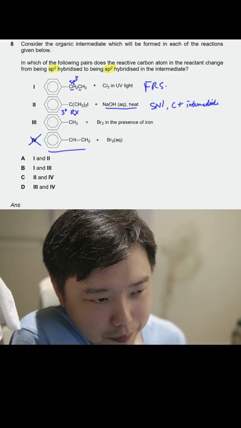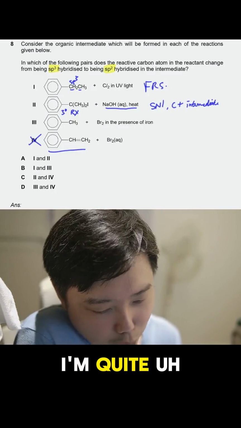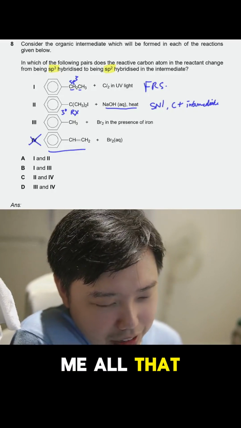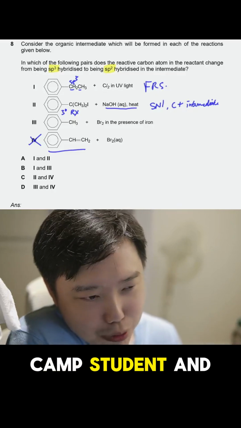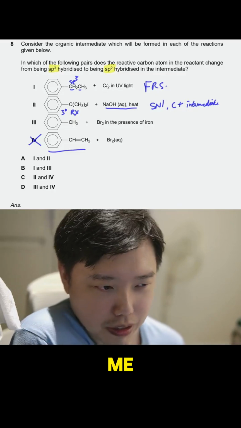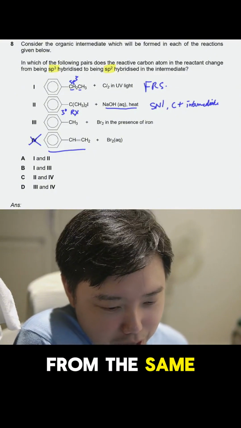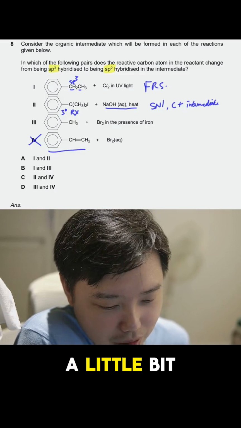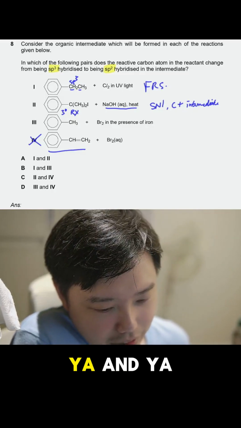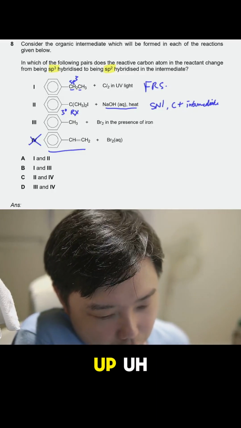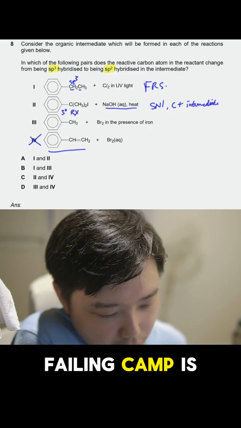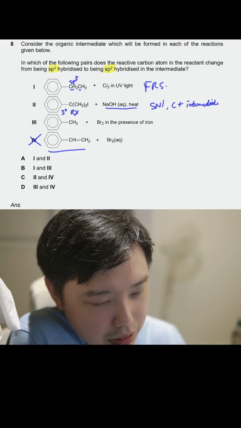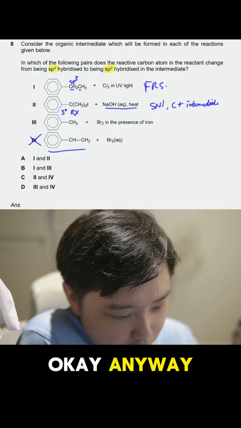I'm quite thick-skinned, so I'll just ask. I went to the best chem student and asked him to coach me. Thankfully he was from the same secondary school as me, so he helped me out a little bit. And don't give up, guys. Failing chem is not that uncommon.